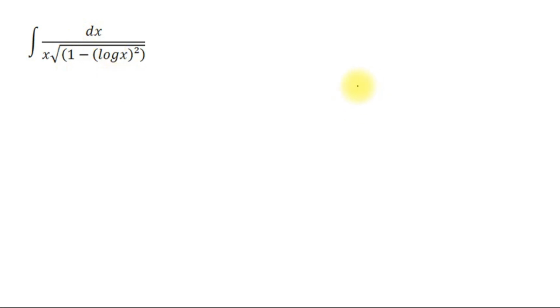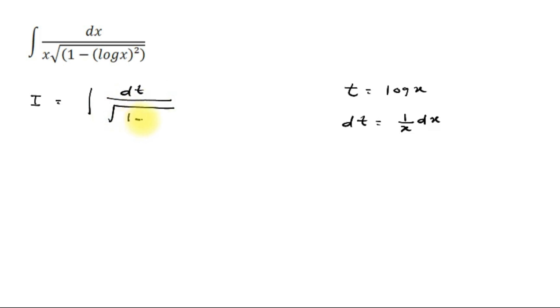So suppose t is equal to log x, so dt is equal to 1 over x dx. So we write this integration as I, which is equal to dt over under root 1 minus t square.